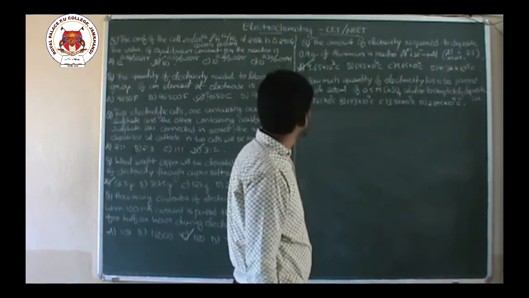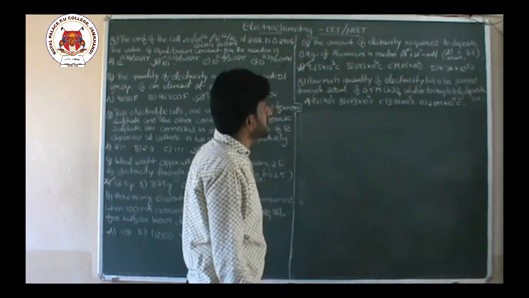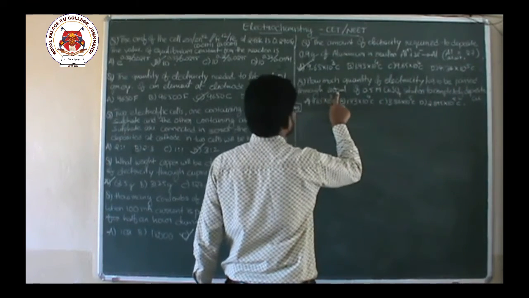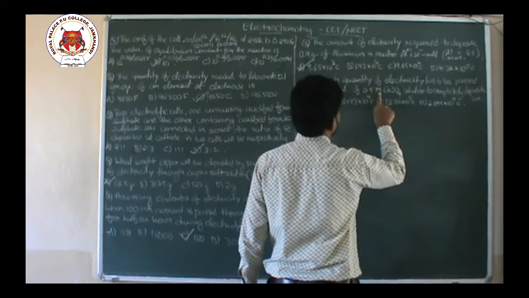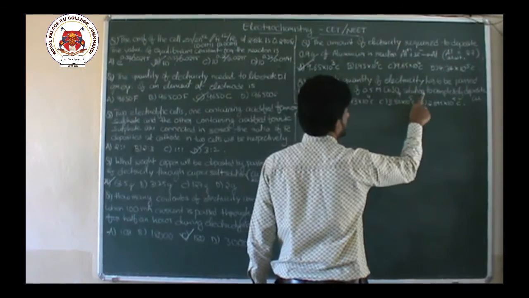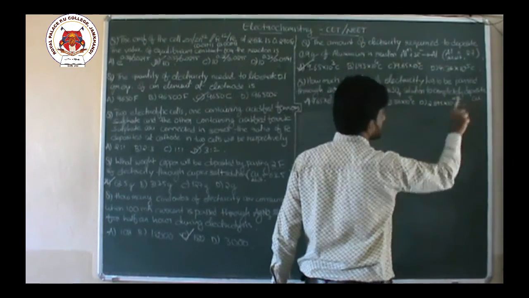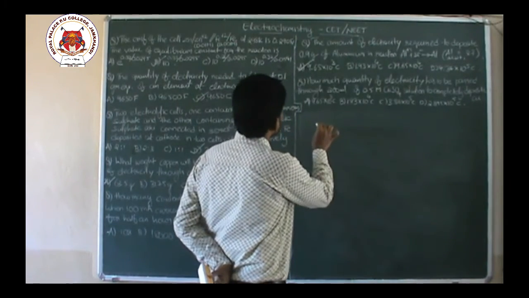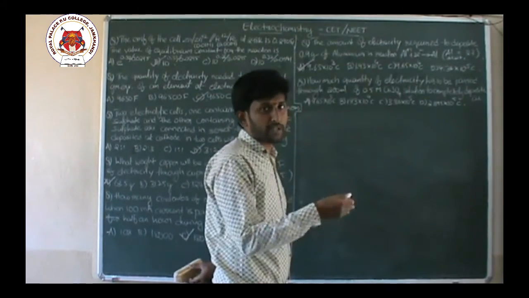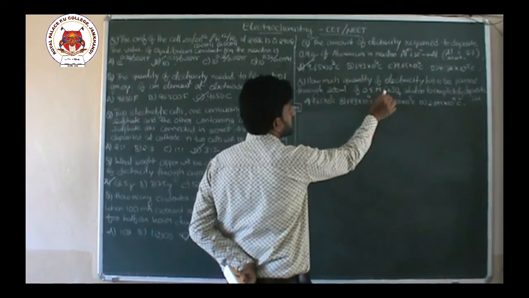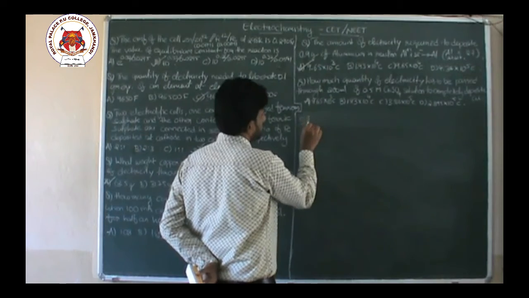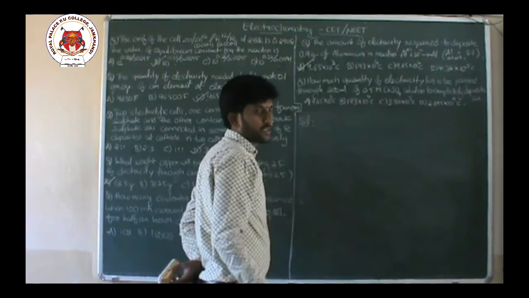Next question. How much quantity of electricity has to be passed through 200 ml of 0.5 molar copper sulfate solution to completely deposit copper? Okay. Now, first let us see how much copper is there in 200 ml of 0.5 molar copper sulfate. First, we need to know the moles, then we can easily calculate the answer. Okay.